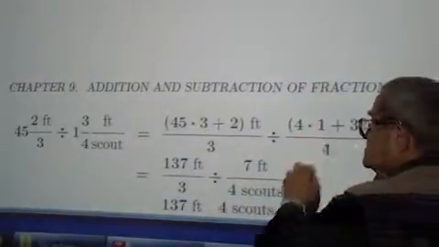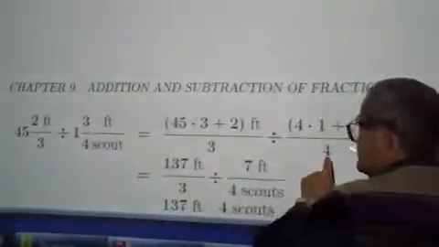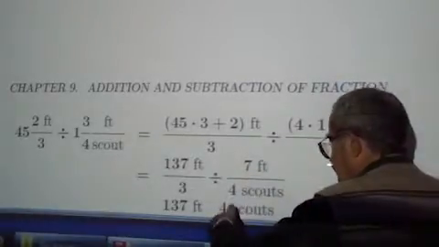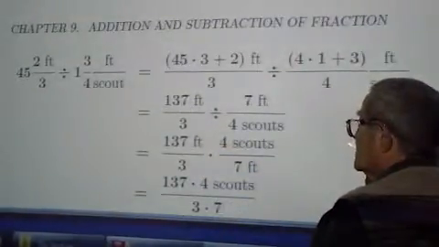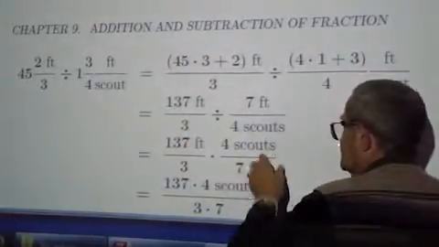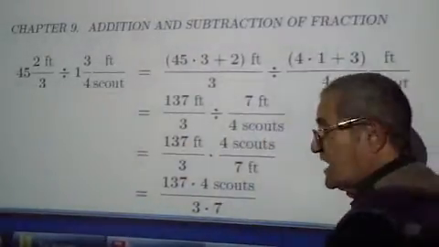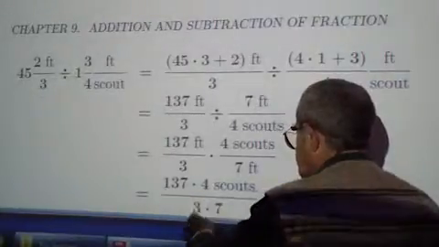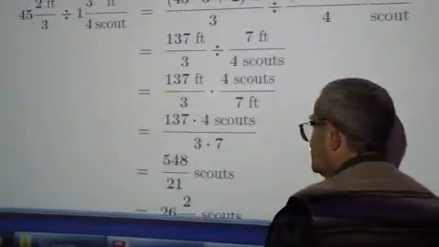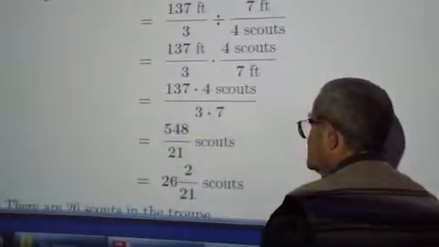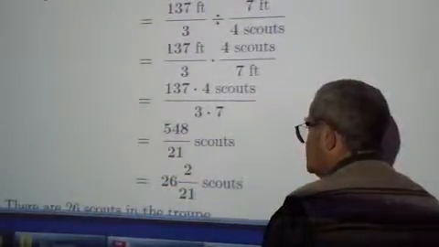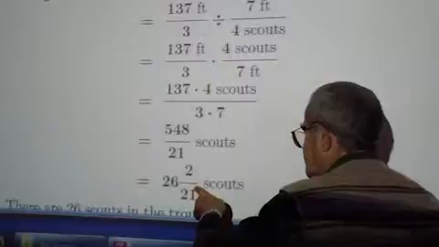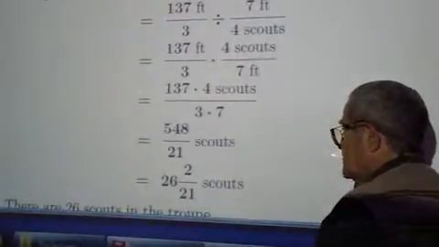This one is 4 times 1 plus 3, or 7 over 4. Divide by that, so multiply by the reciprocal. Note the units. The feet drop out, you're left with the scouts. You wanted to know how many scouts. And apparently, this is 137 times 4 over 3 times 7. 21 into 548, which apparently gives you 26 and 2 over 21.